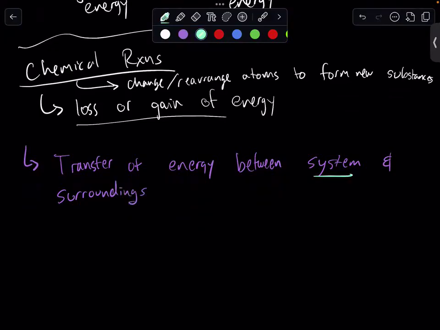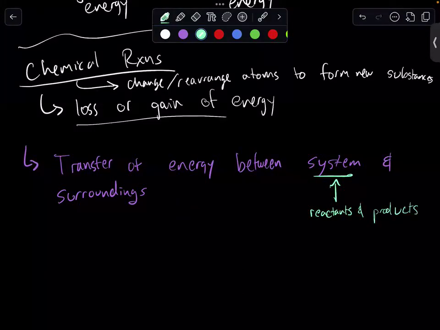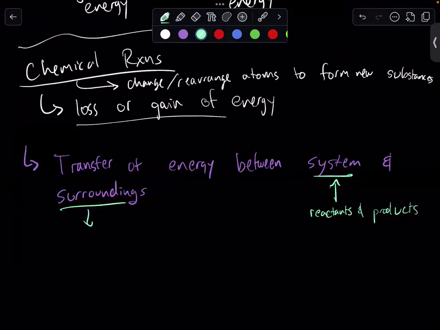Our system is often defined by the reactants and products, pretty much everything in the reaction, while the surroundings is just going to be everything external, so everything outside the system.